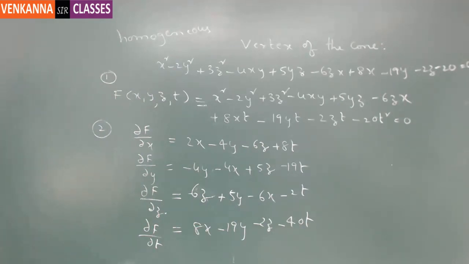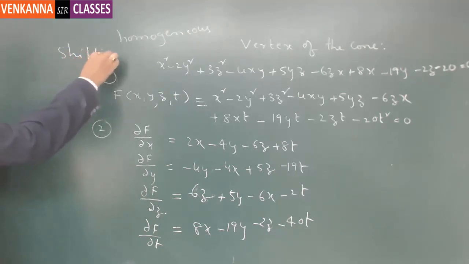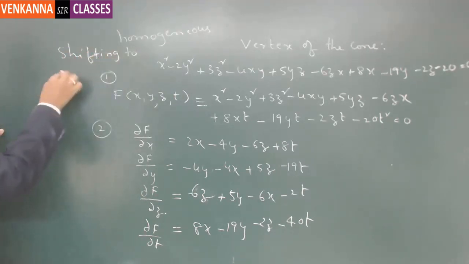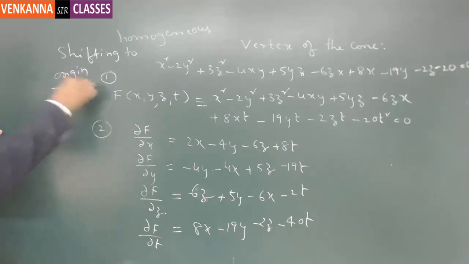The question is, why are you calculating the partial derivatives here? Is that your question? See, if we put t there, in other words, we are shifting the origin. We are shifting the vertex to origin.